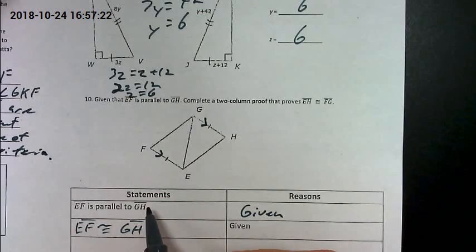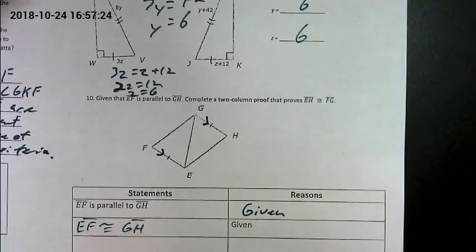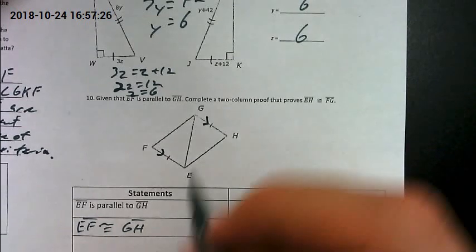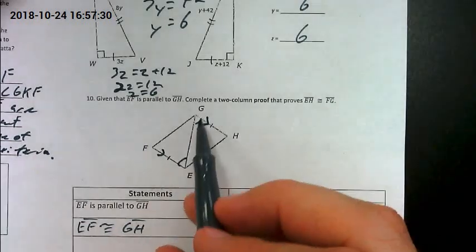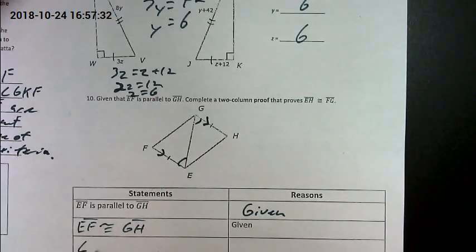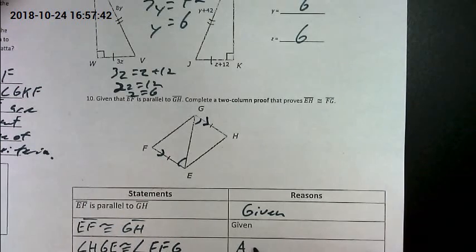Based on the parallel lines, again, anytime you see parallel, alternate interior angles would have to be congruent. So, these two would be alternate interior angles. There's more than one way you can write this, but angle HGE is congruent to angle FEG by the alternate interior angle theorem.